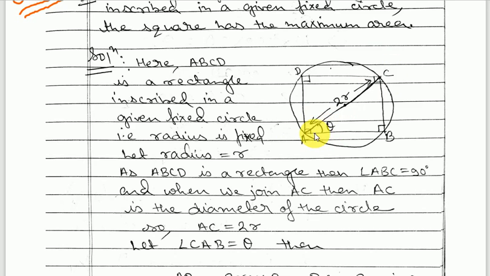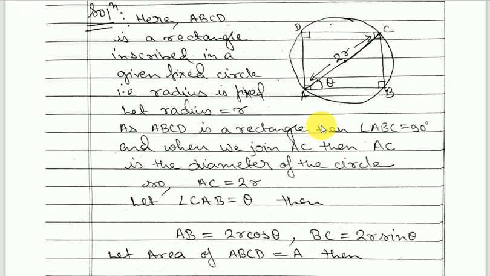The area of this rectangle will be AB into BC, so I should know the value of AB and BC, and I have to write the area in terms of a single variable.